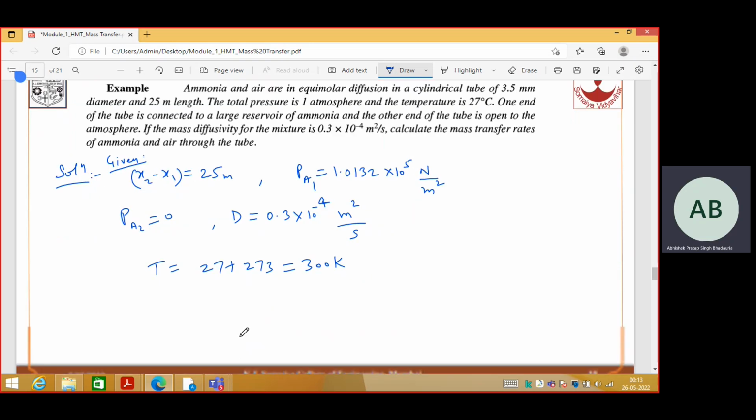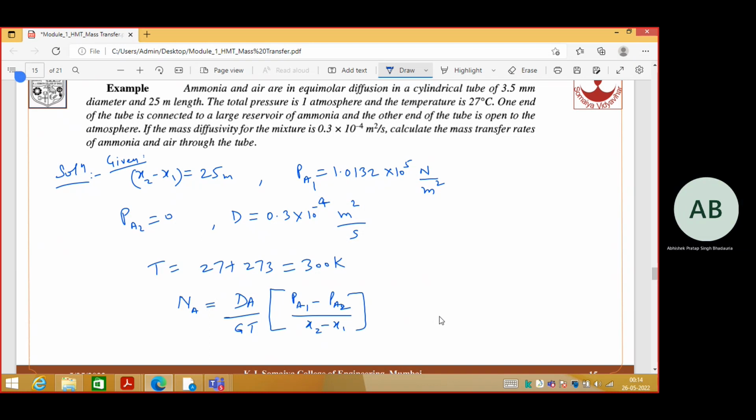Now we have to calculate the mass flow rate of the ammonia. The mathematical expression is Na is equal to DA divided by GT, and the formula is PA1 minus PA2 divided by X2 minus X1.